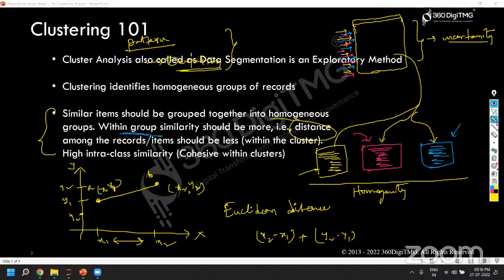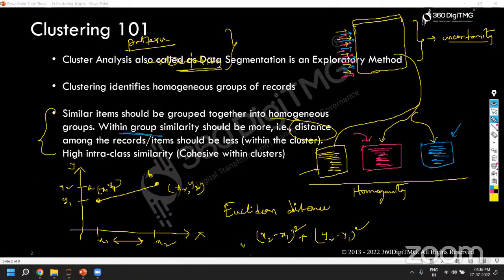Now to overcome this negative symbol logic, we do squaring of the values. When we do the square, we get magnitude. We are trying to eliminate the negative symbol. We'll get the magnitude of the distances between these two points.